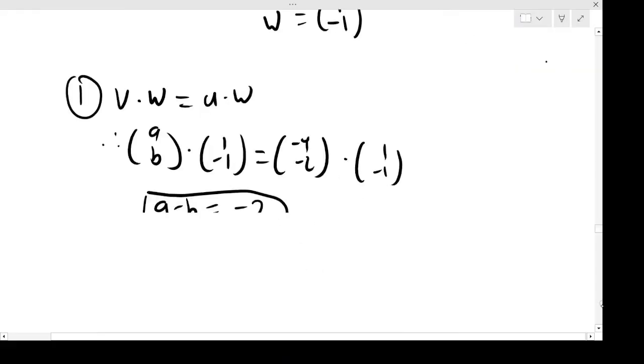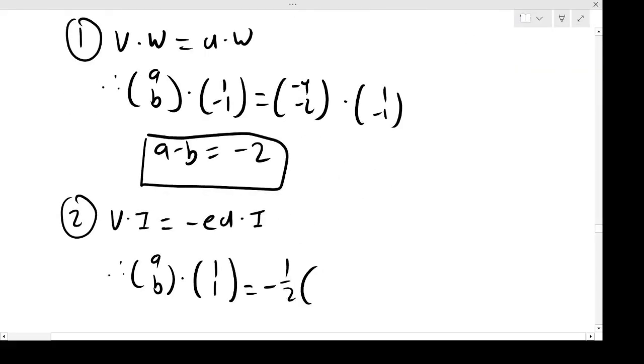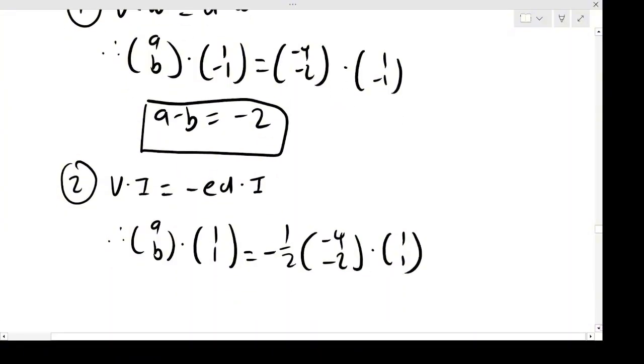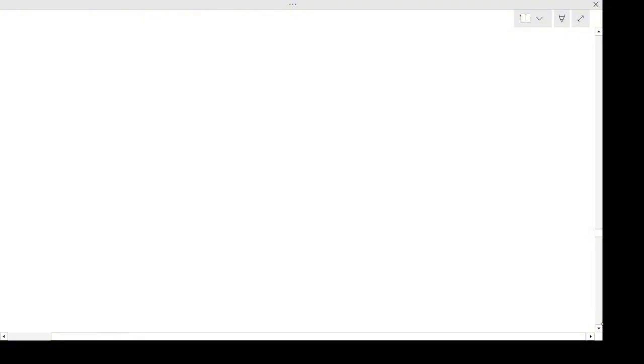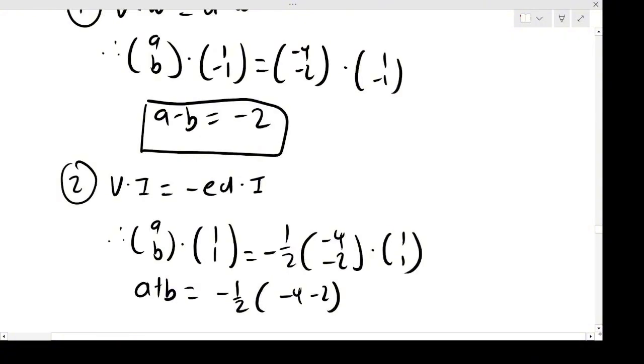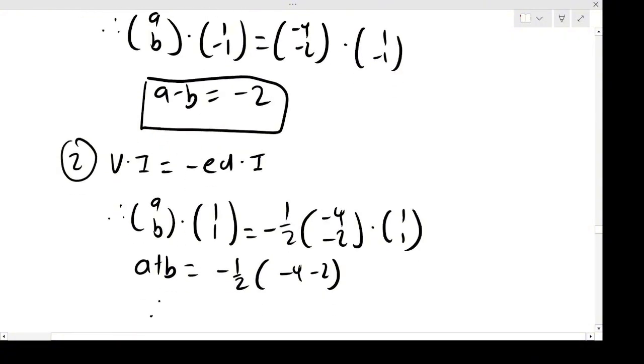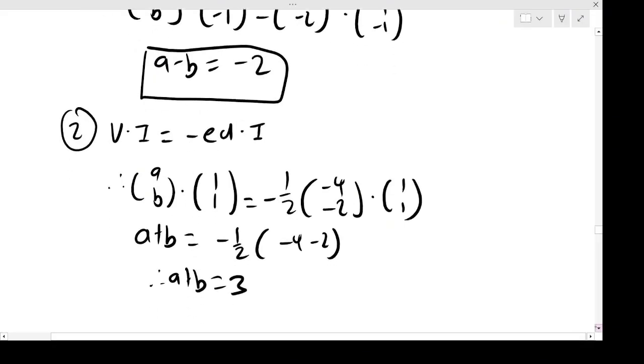So it's going to be a half lots of U, which is -4 minus 2, dotted with I, which is 1, 1. Then if we work out the dot products, we get A plus B. It's going to be minus a half, lots of -4 minus 2. So -1/2 times -6 is going to be +3. So therefore A plus B, simplifying this, we get 3. Okay, hopefully happy with that.